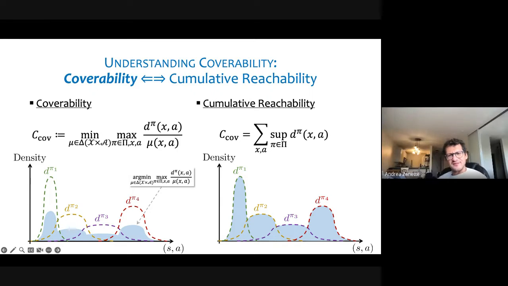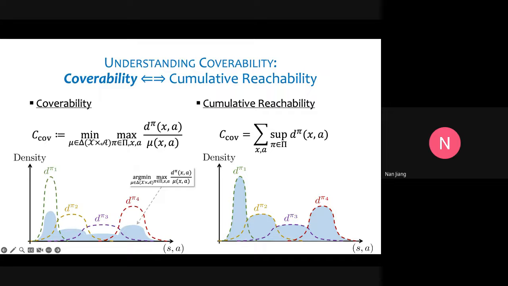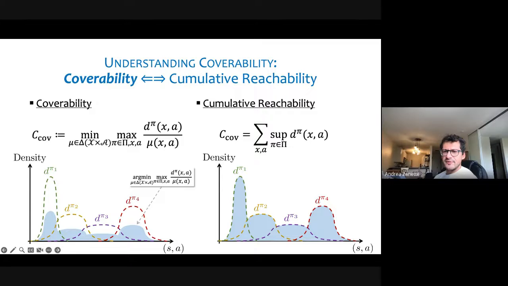It's pretty impressive that GOLF can work better when Eluder dimension is high and coverability is low. I find that a bit interesting. I think part of the problem is that these algorithms, either GOLF or OLIVE, when they were first proposed, came together with a complexity measure, but the algorithms themselves are extremely generic. They're not necessarily tied to that complexity measure. But my confusion is that you do have exploration bonuses, right?